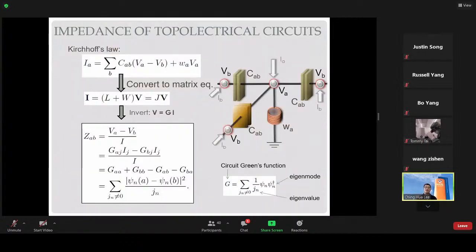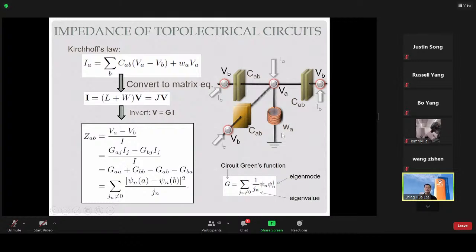So just to give a flavor about why we expect circuits to be good probes of topological robustness is this. Everyone knows what Kirchhoff's law is, right? Basically it's just a linear relationship between the current input at any node and the voltages at itself and other neighboring nodes.